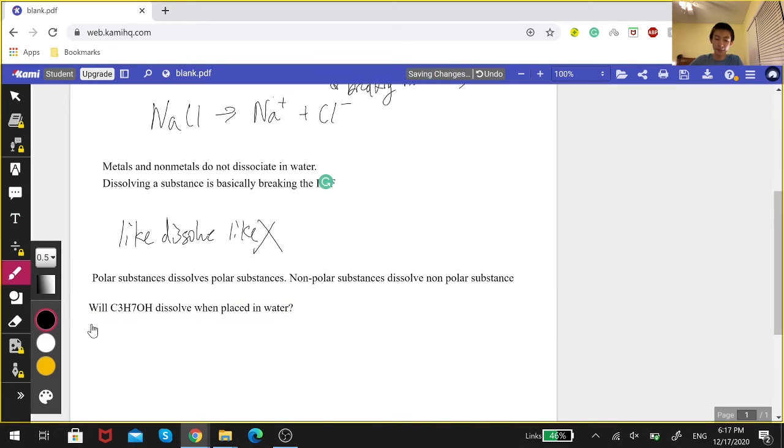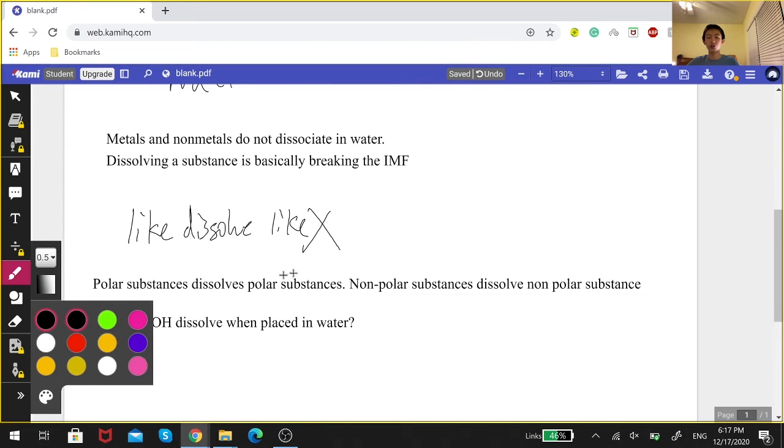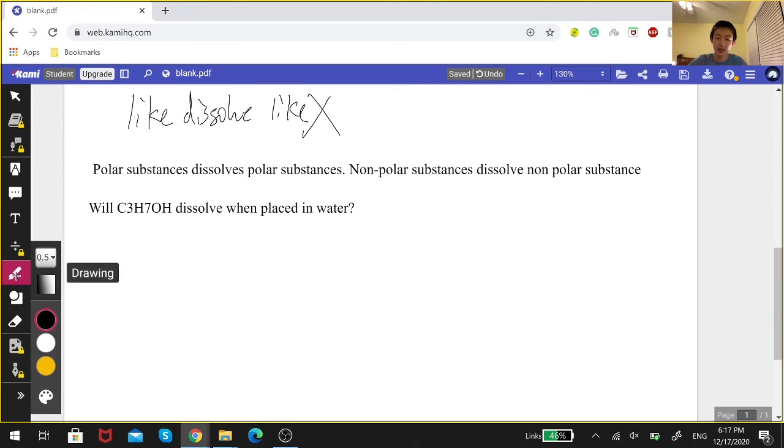So let's see here. First, let's draw the Lewis structure for C3, 1, 2, 3, OH. I will have 1, 2, 3, 4, 5, 6, 7.